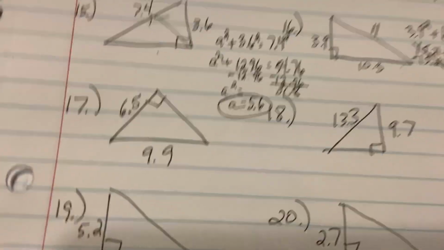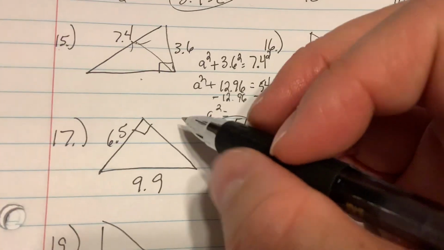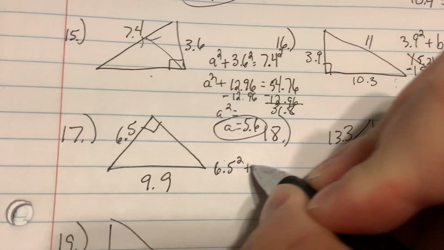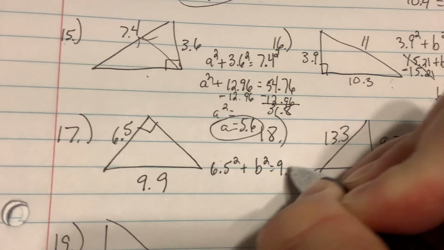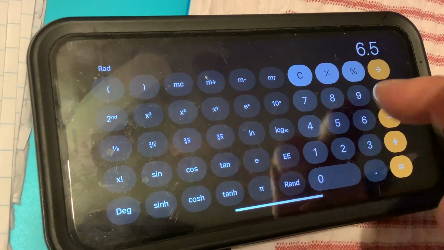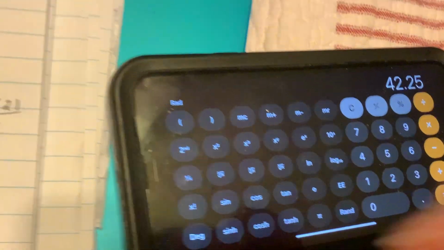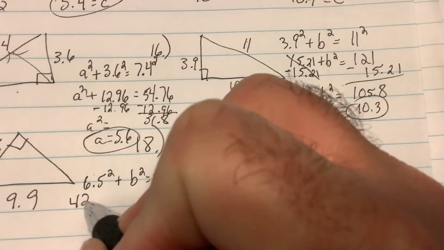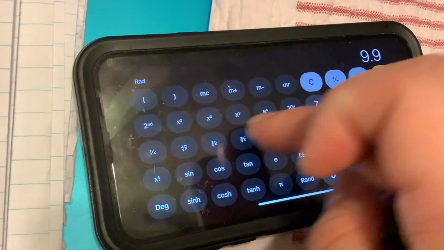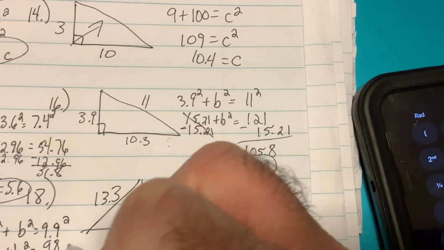All right, so let's go through and do these. 6.5 squared plus b squared equals 9.9 squared. So 6.5 times 6.5, 42.25, plus b squared equals 9.9 squared, 9.9 squared, 98.01.